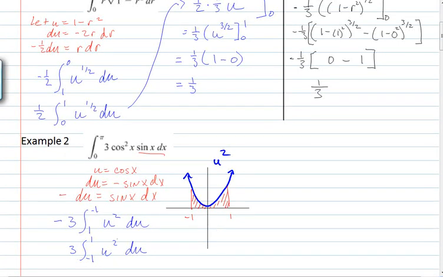Isn't that going to be equivalent to 2 times the area from 0 to 1? Because we double the area, because this happens to be an even function. It cuts down on the arithmetic as well. Work smarter, not harder.